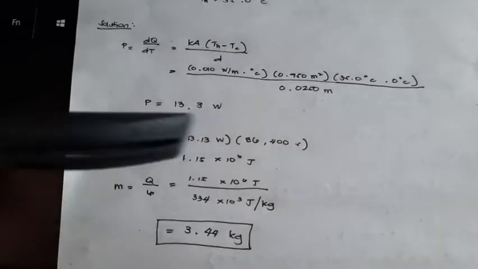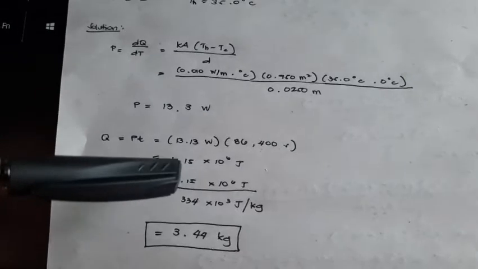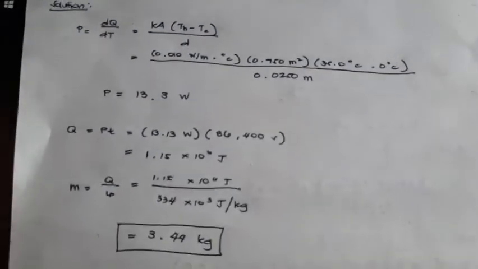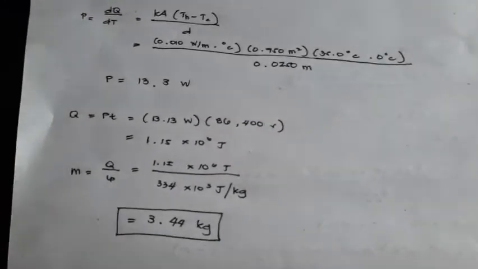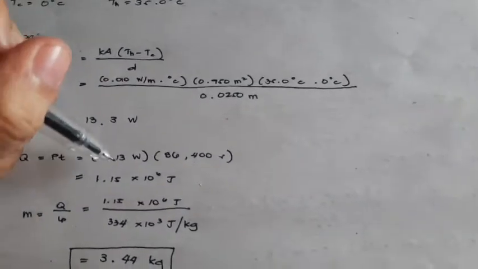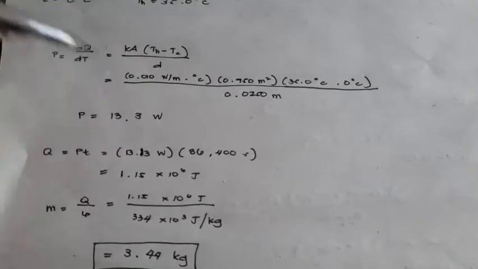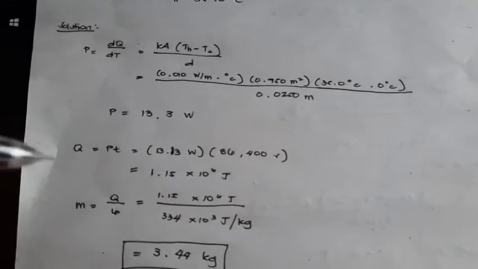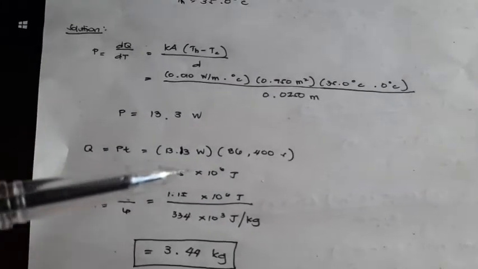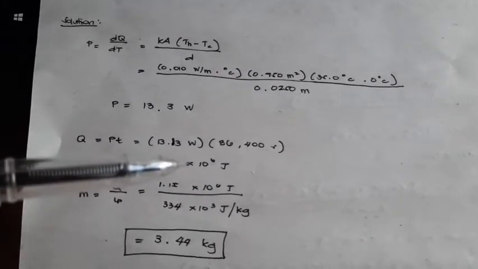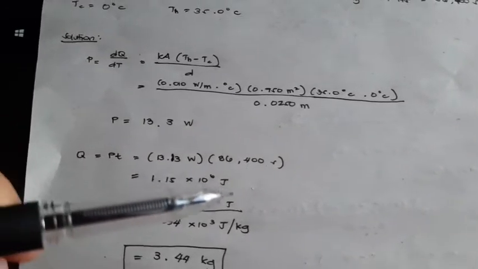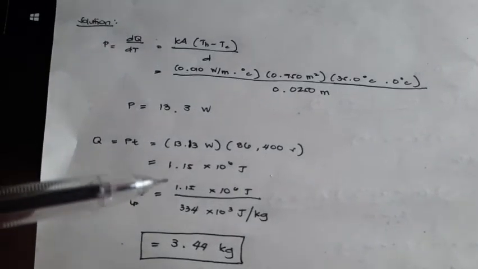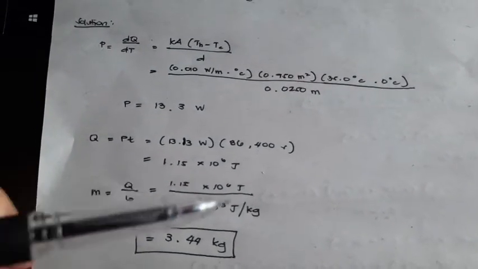We substitute the P we got earlier, 13.3 watts, times our time, 86,400 seconds. Simplifying, we get 1.15 times 10 to the 6th power joules.